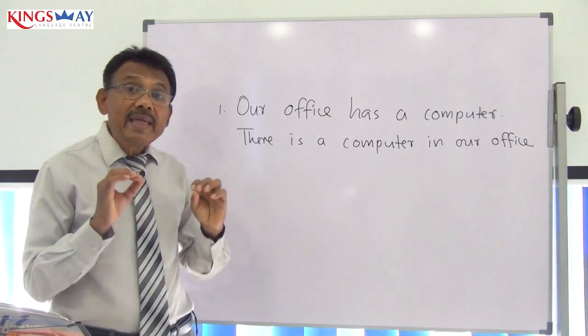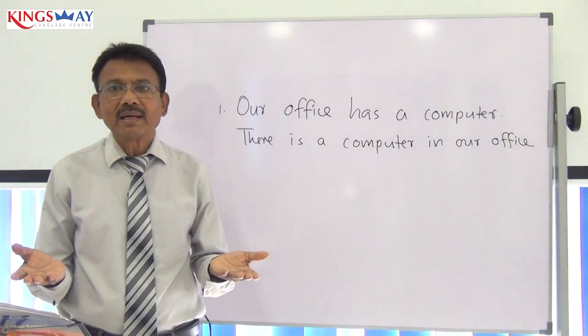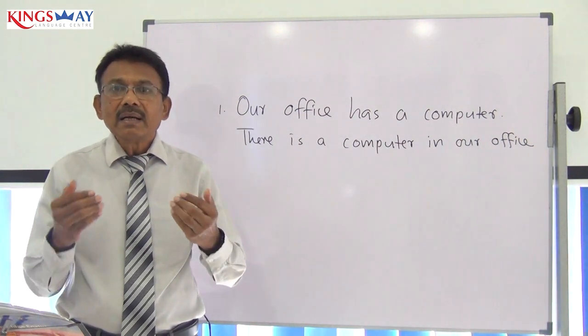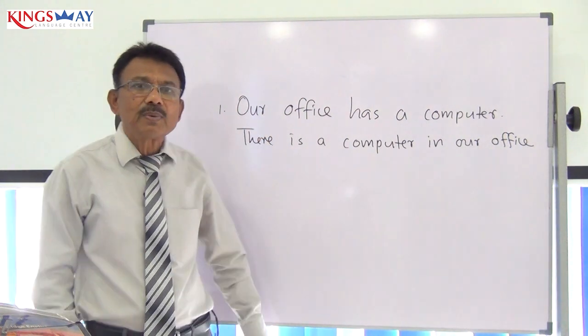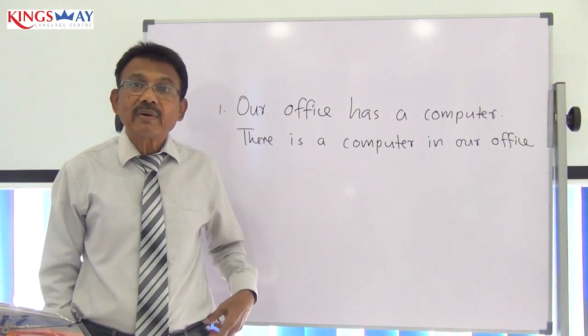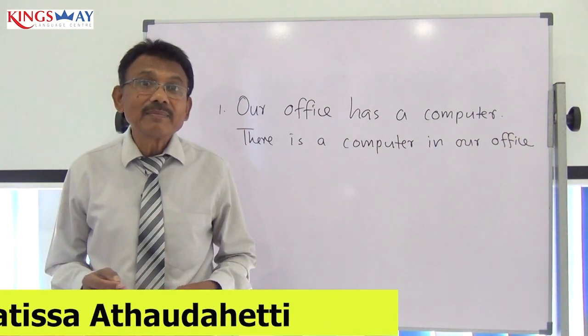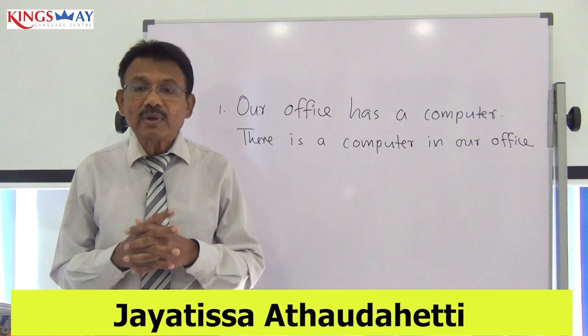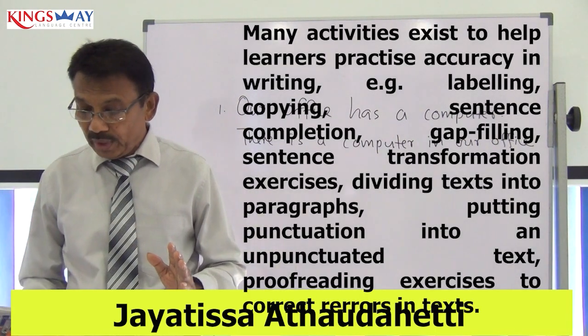This one, there is a computer in our office. Same thing, but two different sentences. So this is called transformation. We can transform active to passive, direct to indirect, right? So that is transformation. I hope you got the idea. Right, now let's go ahead.